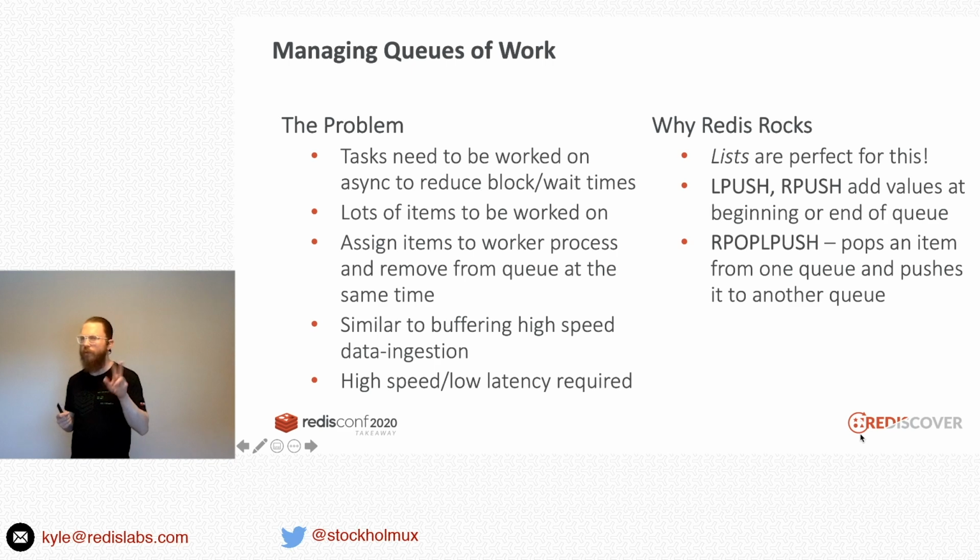So L or R both represent list. But really what we're talking about here is a linked list, and it's a doubly linked list. I tend to think of lists as being kind of one directional, and usually vertical. But we should think of them horizontally, right? So lpush means that you're pushing to the left, and rpush to the right.